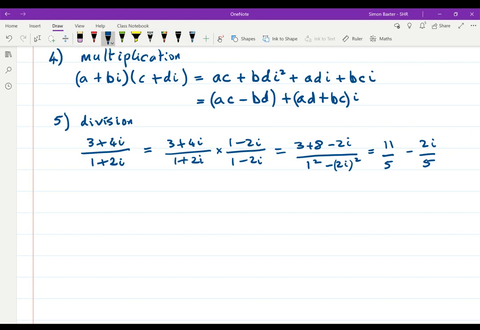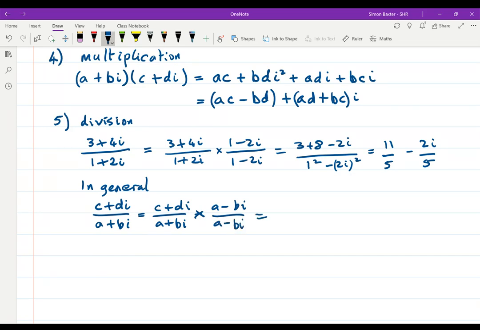All right, so that's dealt with division. In general, we would say that if we want to divide c plus di by a plus bi, then we multiply top and bottom by a minus bi, and that gives us on the top ac minus bd i squared. i squared is minus 1, so that gives us plus bd, and that is going to be over a squared minus b i squared, so that is a squared plus b squared. i squared is minus 1, so minus b squared i squared is plus b squared.